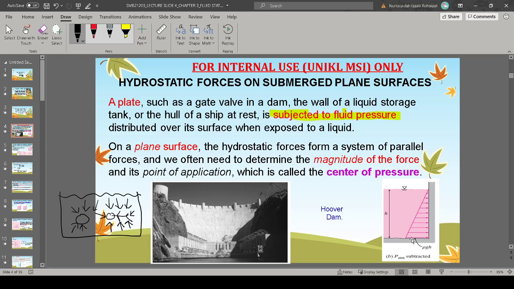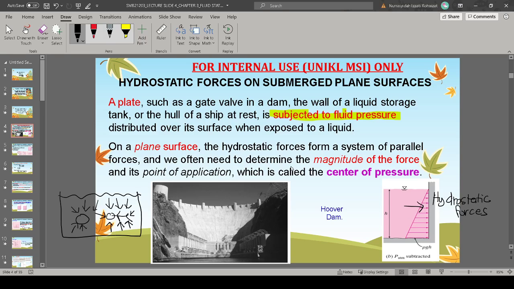These forces of pressure are a distributed load. It is very small or none at the top surface, but it keeps increasing as it reaches the bottom. So this is your fluid pressure, or hydrostatic force, acting on the surface.